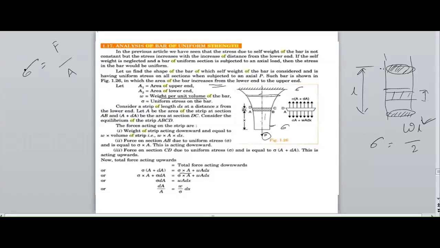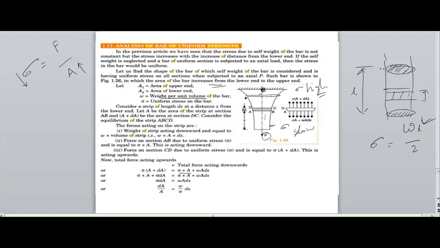Therefore, if I increase the area, the stress will be decreased. Therefore, in the previous problem, we have studied that at the fixed end, the stress is higher, and it was somewhat lower at the free end.